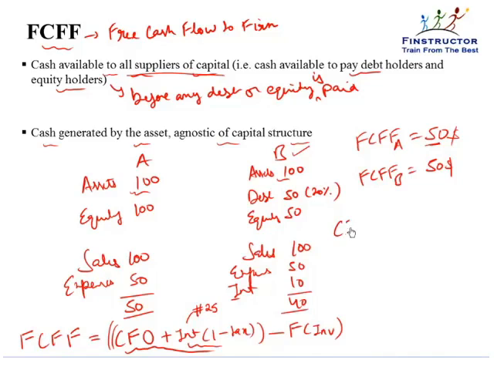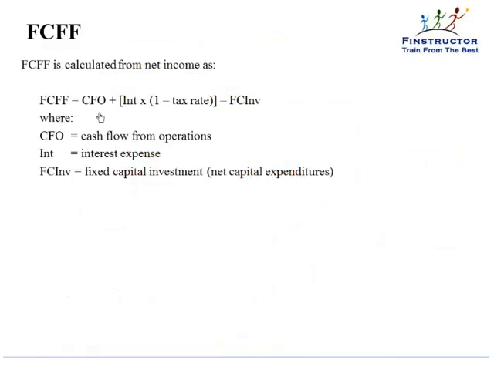In some representations, we split CFO in more detail, that is, we call it the net income plus the non-cash charges minus the working capital investment, that is the change in working capital that we studied, and we replace the CFO with these three terms to calculate the free cash flow to firm. So this is the first formula.